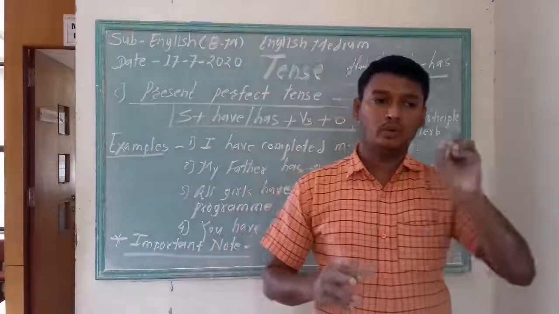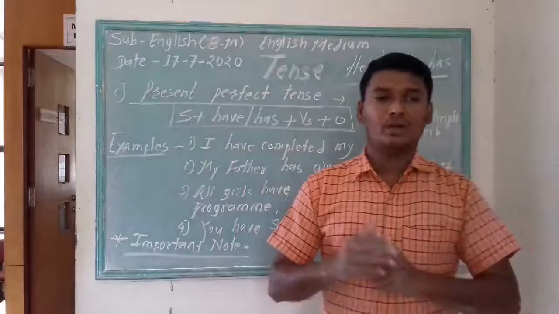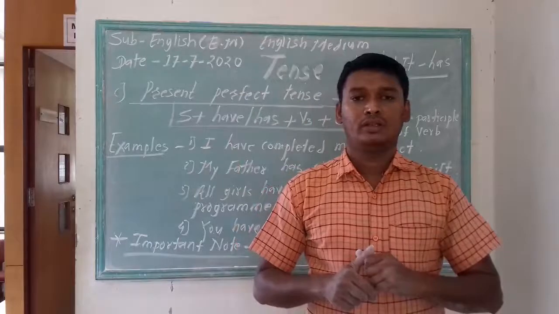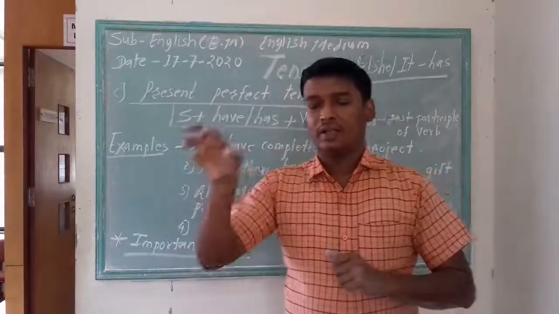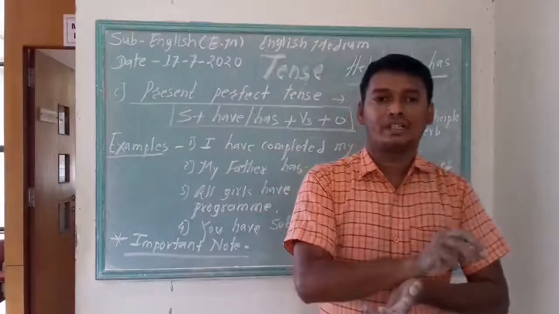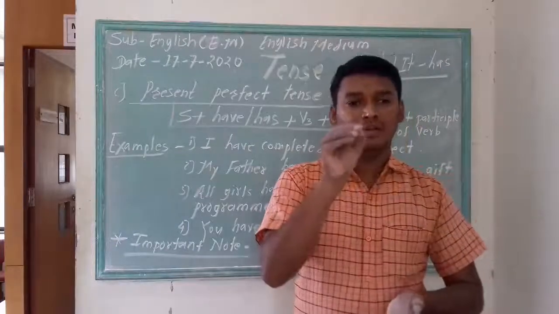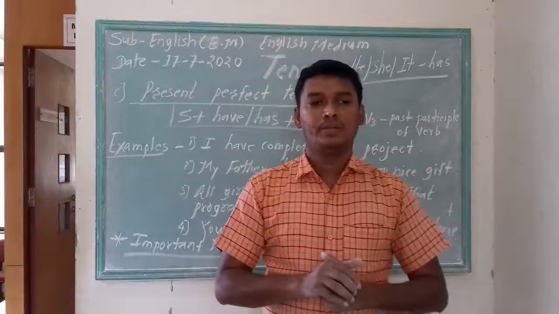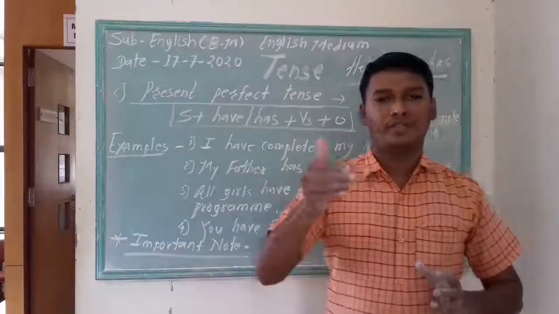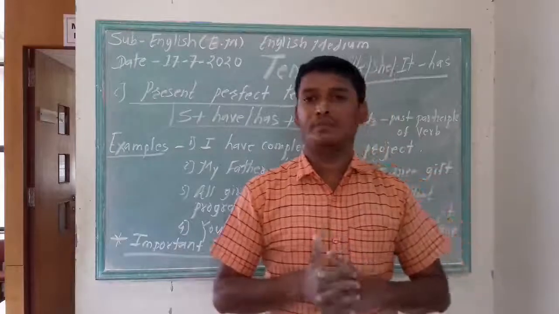You have to read all this part carefully. Try to understand the application of these tenses, structure and examples, and every student should prepare at least four examples of simple present, present continuous and present perfect.